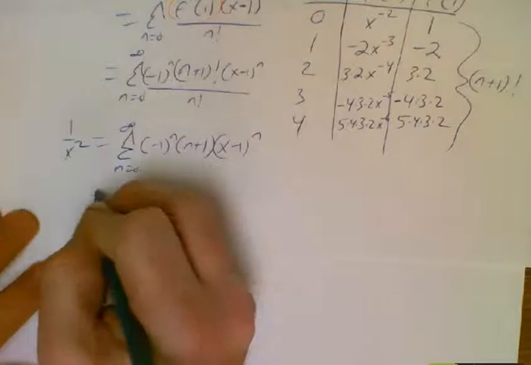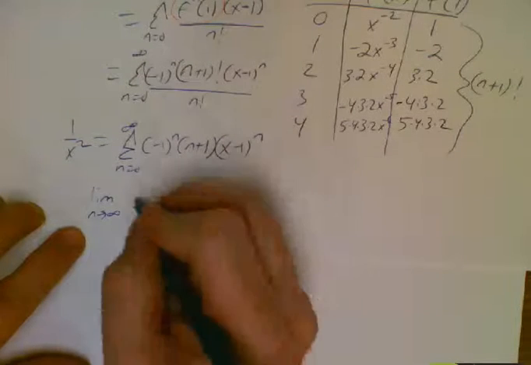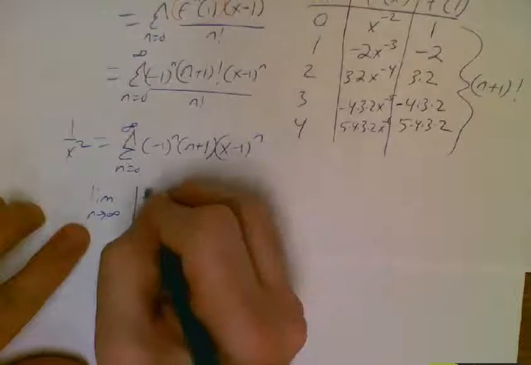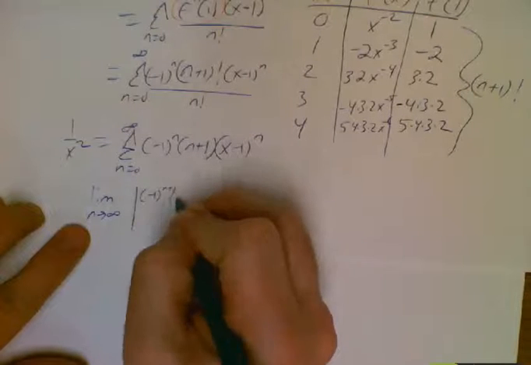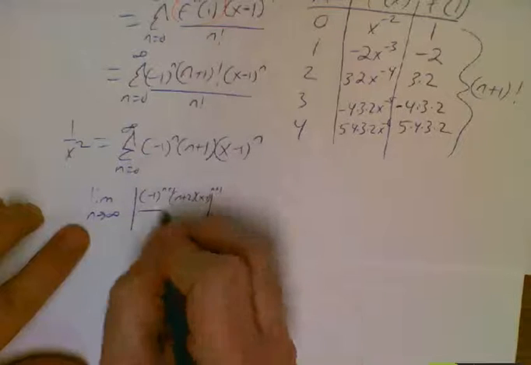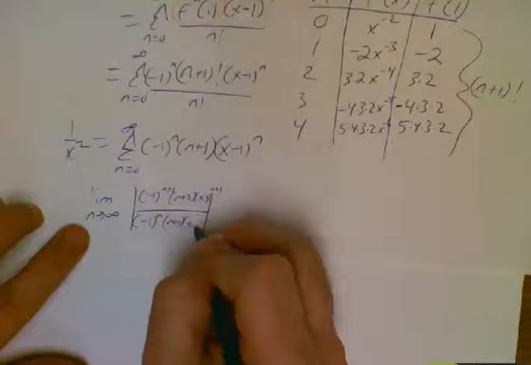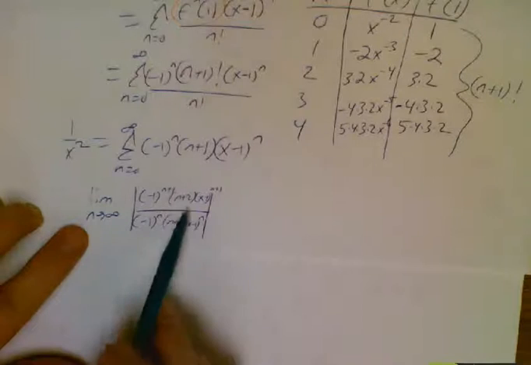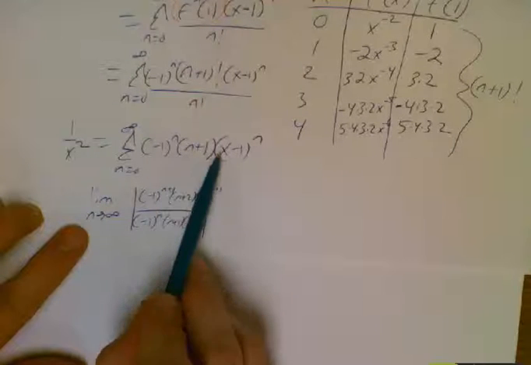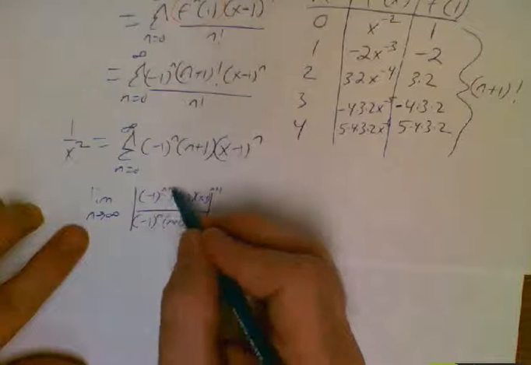But we can just do a quick ratio test. So absolute value, negative 1 to the n plus 1, n plus 2, x minus 1 to the n plus 1, over negative 1 to the n, n plus 1, x minus 1 to the n. I put in n plus 1 wherever I saw n for the numerator, and the denominator stayed the same.